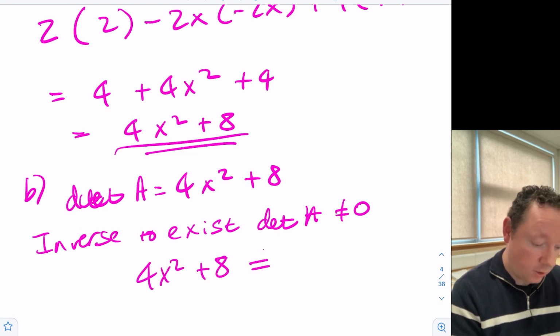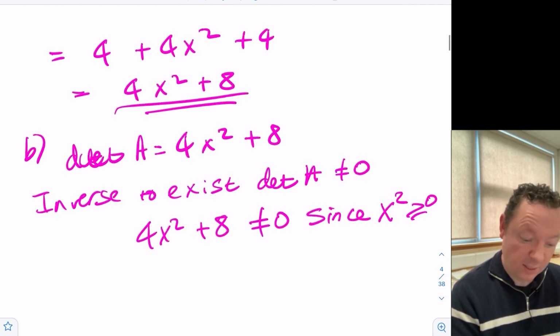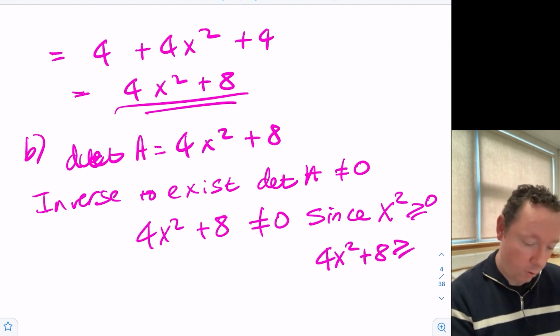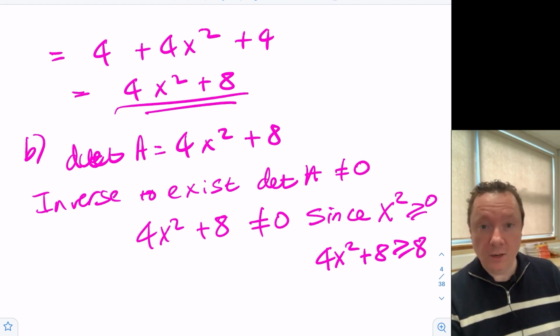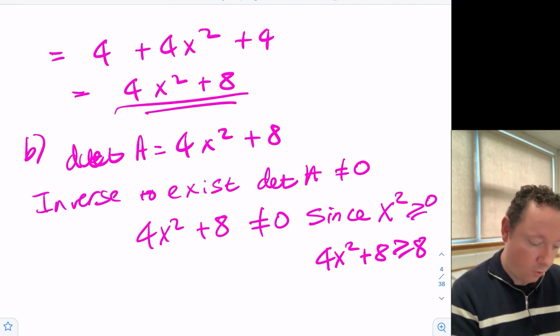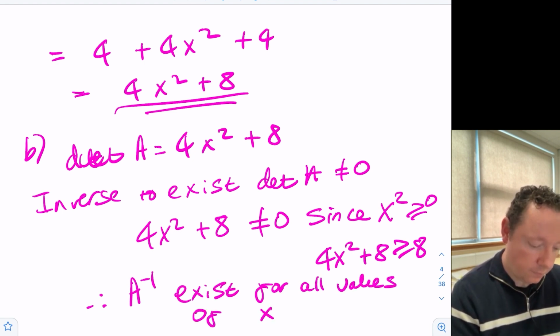That is never equal to 0. And why is that? Because x squared is always greater than or equal to 0. And that means 4x squared plus 8 would always be greater than or equal to 8. Because if you square a number, the smallest you can get is 0, plus 8 is 8. And therefore, the inverse exists for all values of x.